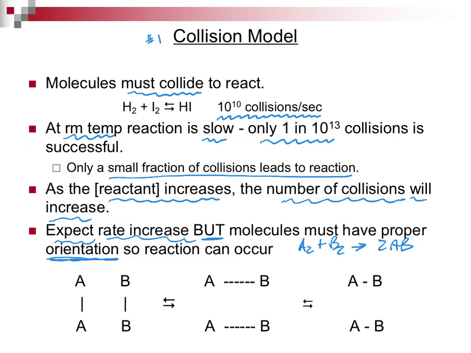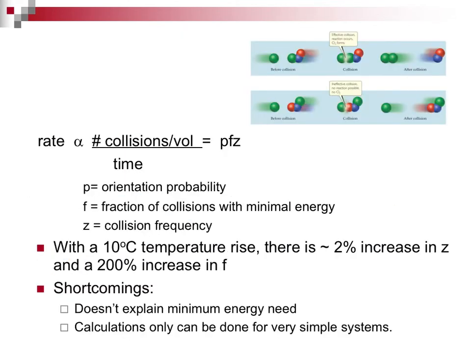Well, those are the original bonds of A and B, and as reaction proceeds, what we see is a breaking of the A bond and the B bond, and eventually the lining up to form the new molecule. But again, it has to have the proper orientation for that to occur.